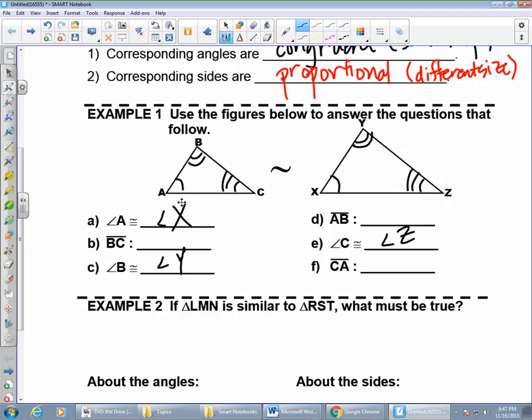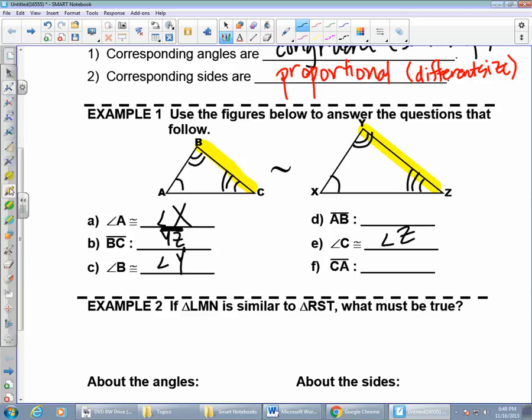All right, now line segment BC. It corresponds to YZ, because they're in the same position.